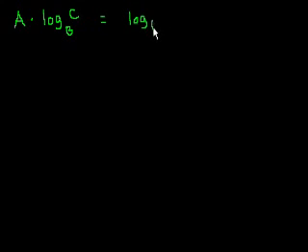So the next logarithm property is: if I have a times the logarithm base b of c, if I have a times this whole thing, that equals the logarithm base b of c to the a power. Fascinating.